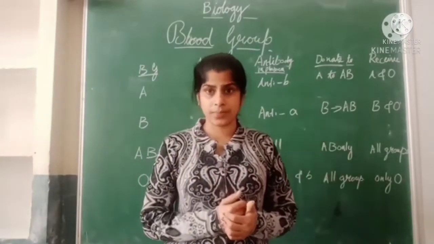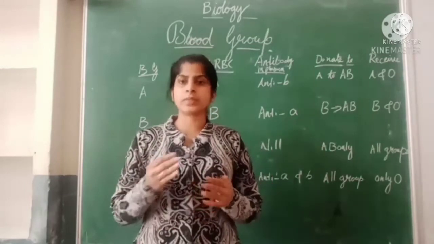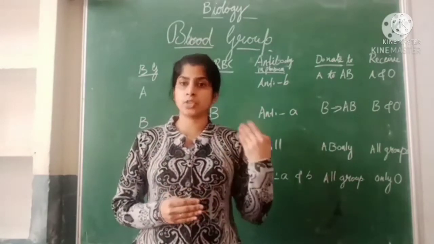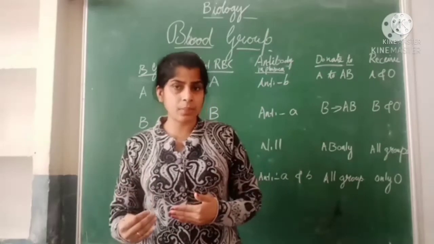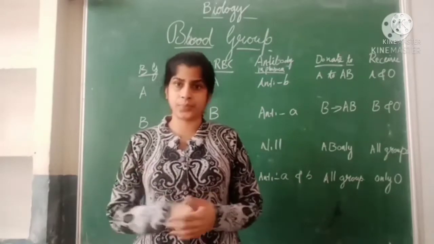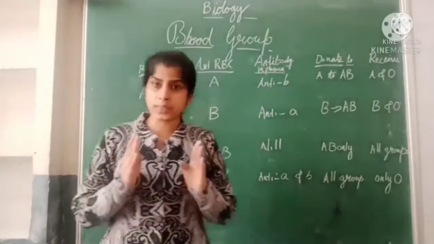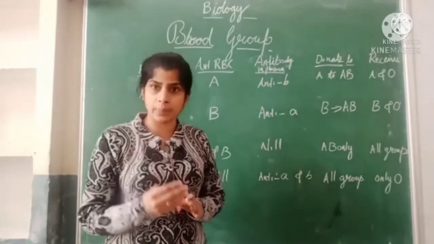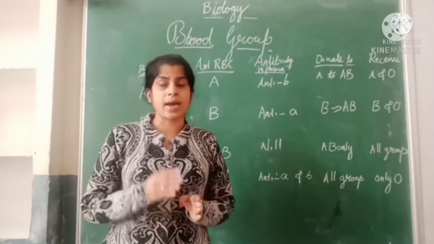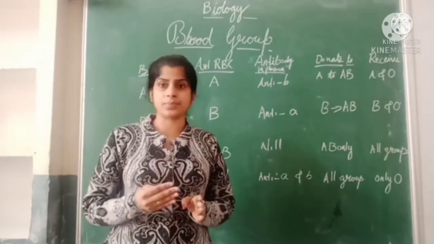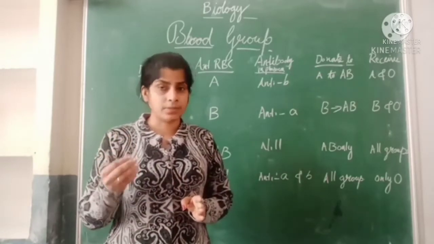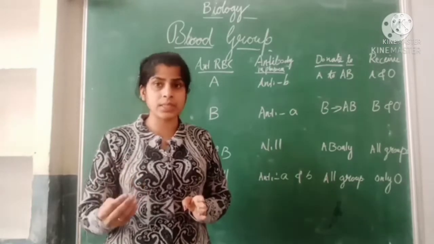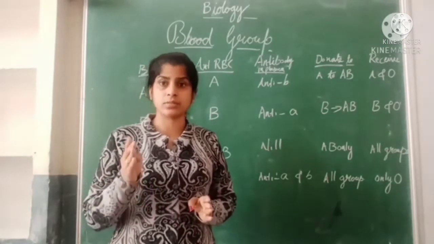In monkey. So if this RH is present in the blood, that is RH positive, and if it is absent in the blood, that is RH negative. So antigen present on the surface of the RBC is positive, and absent on the surface of RBC is RH negative.